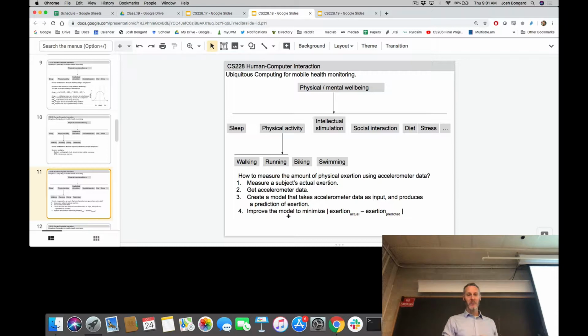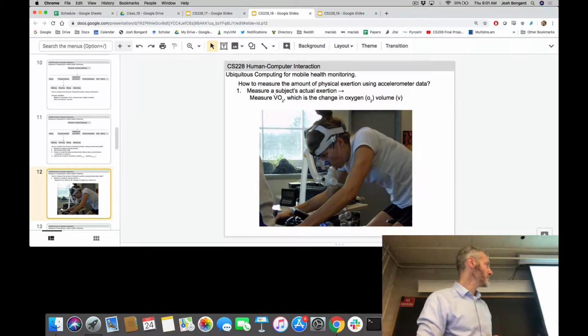Okay, how do we measure actual exertion? Luckily, we don't all have to do this. In this case, the authors relied on VO2 max, or change in volume of oxygen while performing a physical activity. You can see this in action here.